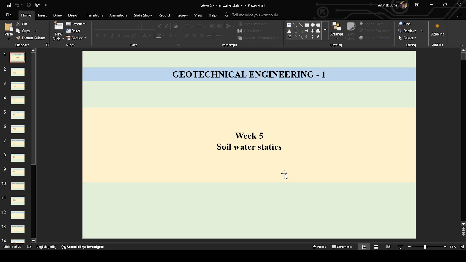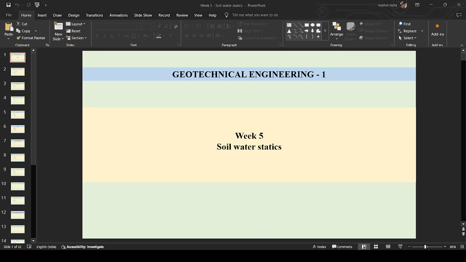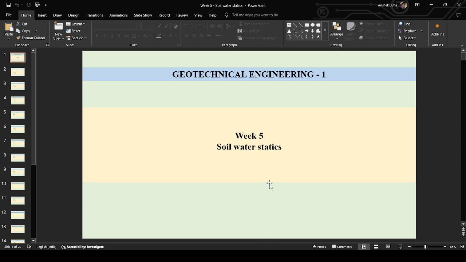The topic is soil water statics. I hope the concepts of this chapter have been thorough with the students so that they can grasp the questions and solve the numericals effortlessly. I'll start with dictating the questions one by one.